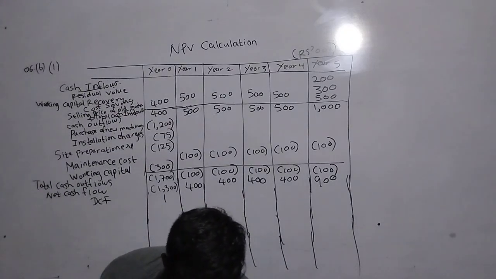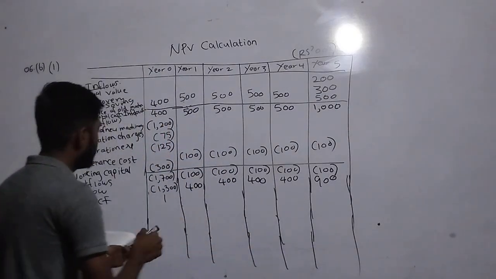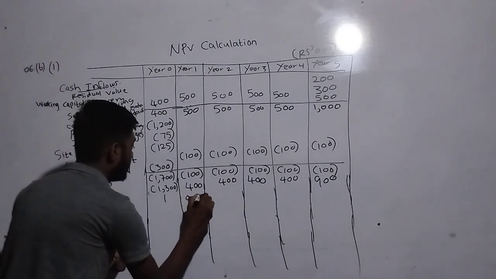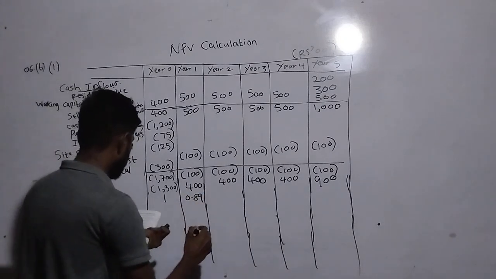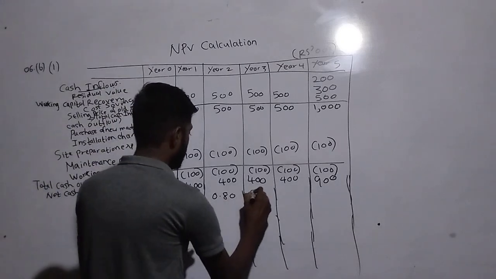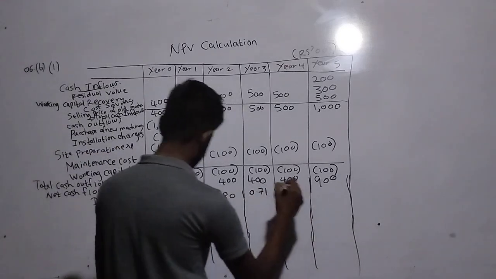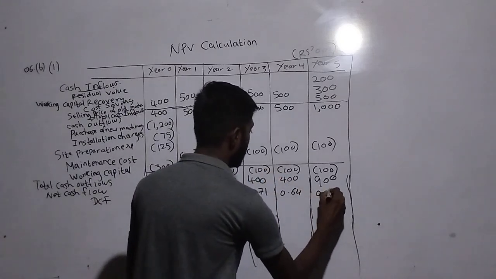The examiner has given it, so please take that. You don't calculate. I will say how to calculate as well. 0.89. Then year 2 is 0.80. Year 3 0.71. Year 4 0.64. Then year 5 0.57. Right?